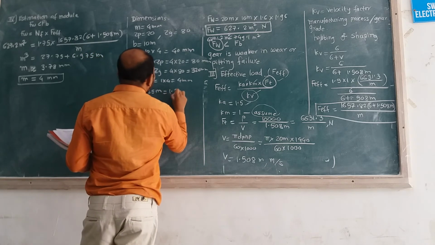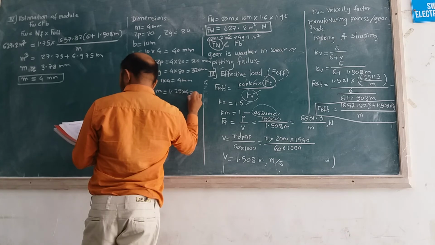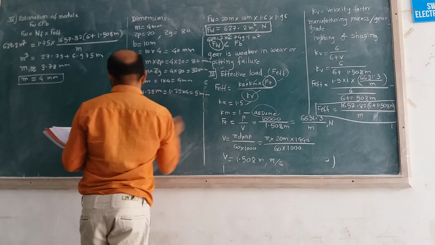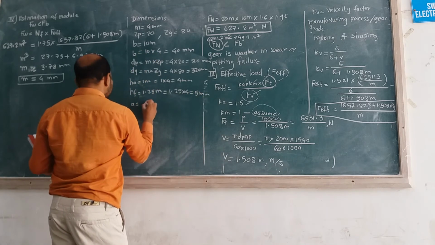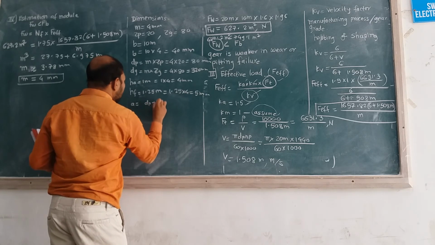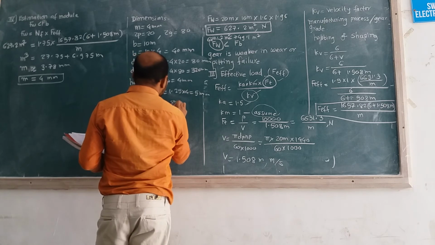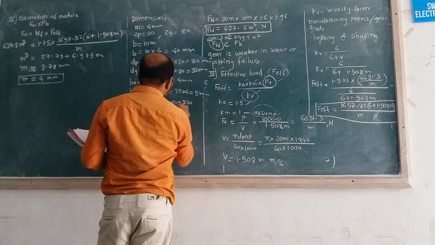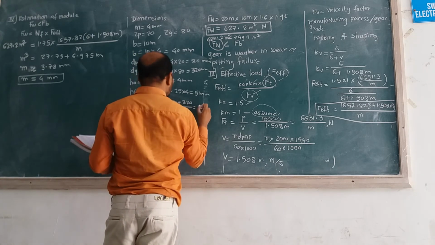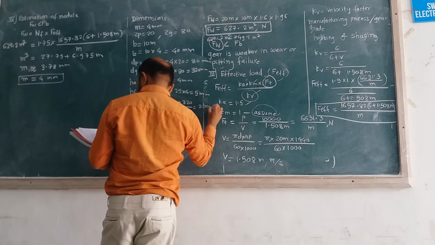So 1.25 into 4 is equal to 5 mm. Center distance A is equal to dP plus dG upon 2, which is equal to 80 plus 320 upon 2, which is equal to 200 mm.